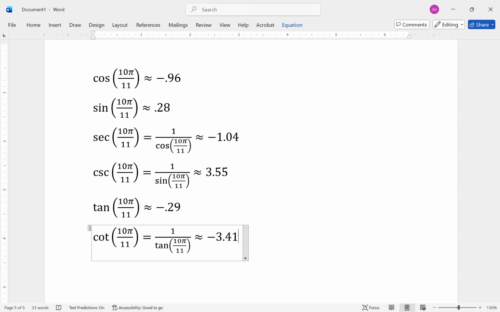That is rounded to 2 decimal places. So these are things we can just type into our calculator, or we can use what we know about the relationships between cosine and sine to these other functions and type the relationships into the calculator.